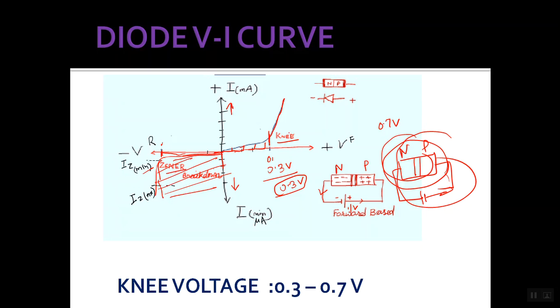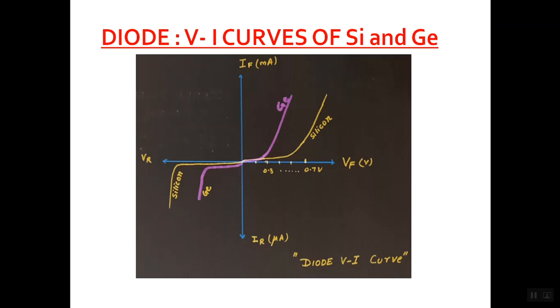For different materials, this Zener breakdown point is different for different kinds of semiconductors. So today we learned about Zener effect and the behavior of diode in VI curve. It means how current will increase with respect to V.